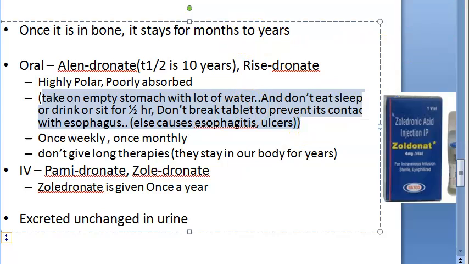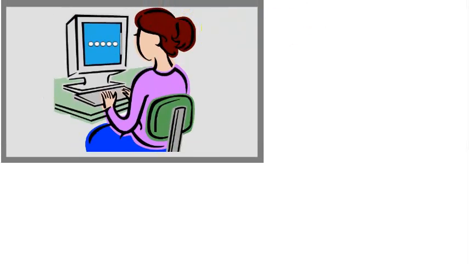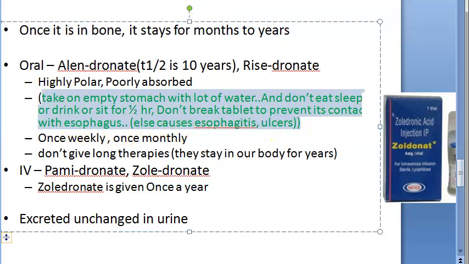Take the tablet whole, don't break it, because it should not touch the esophagus. Otherwise it will cause esophagitis, ulcers, etc. It should be taken on an empty stomach with a lot of water so that it is absorbed. Don't lie down, eat or drink anything for half an hour after taking the tablet. These are very specific things for bisphosphonates, okay?